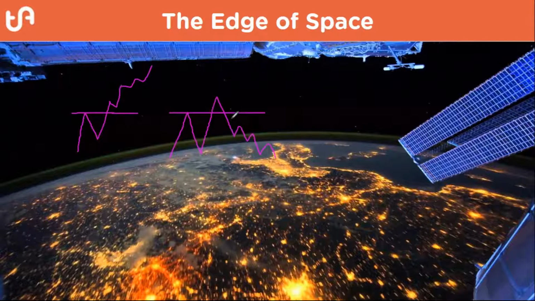Now, can you correlate this with the edge of space that we discussed? This particular line, the resistance. So this line is called the edge of space line. Alright, it's the EOS line. This is the EOS line. We mark this line at every swing high. Fine, is that clear?